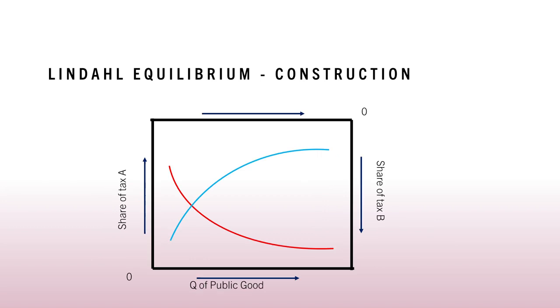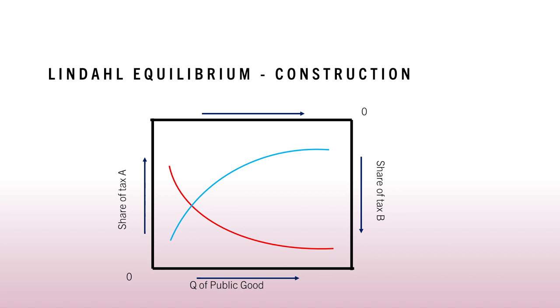On slide number 5, we bring the two consumers together. As we can see on our far left, we have the share of tax for consumer A, and on our far right, we have the share of tax for consumer B with the arrow going down. And on the x-axis, we have the quantity of public good, which in this case is free education.